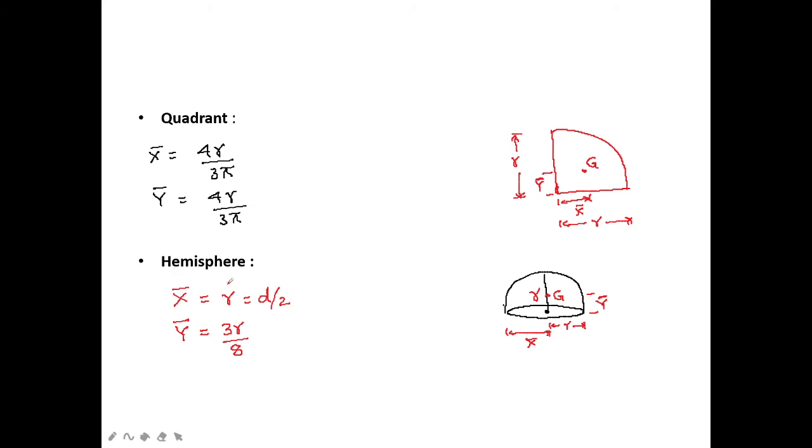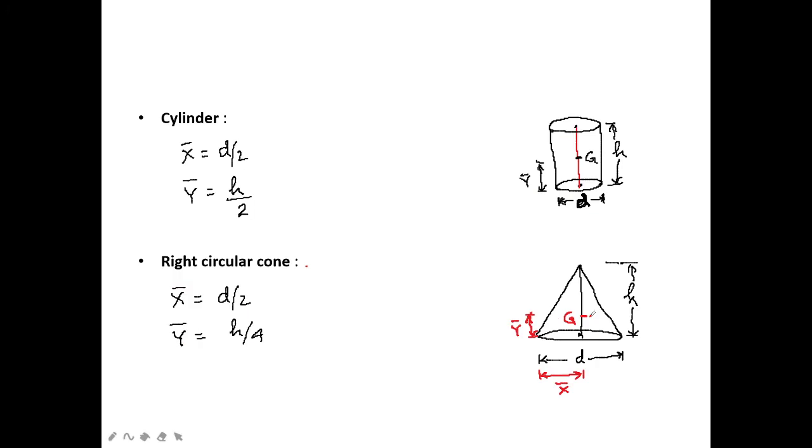Now in case of a hemisphere, x bar is d upon 2 and y bar is 3r upon 8. In case of a cylinder, x bar is d upon 2 and y bar is h upon 2. In case of a right circular cone, x bar is d upon 2 and y bar is h upon 4.